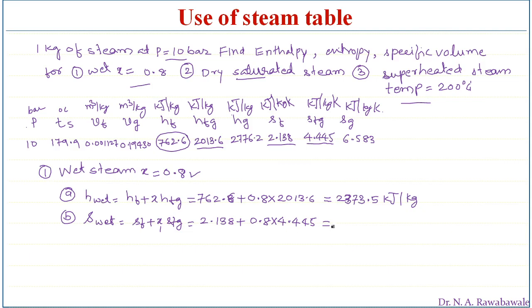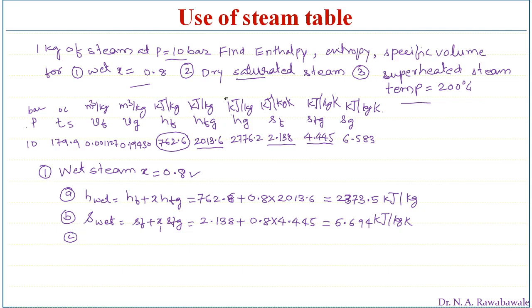Let's use the calculator. So this works out as 5.694 kilojoules per kg Kelvin.